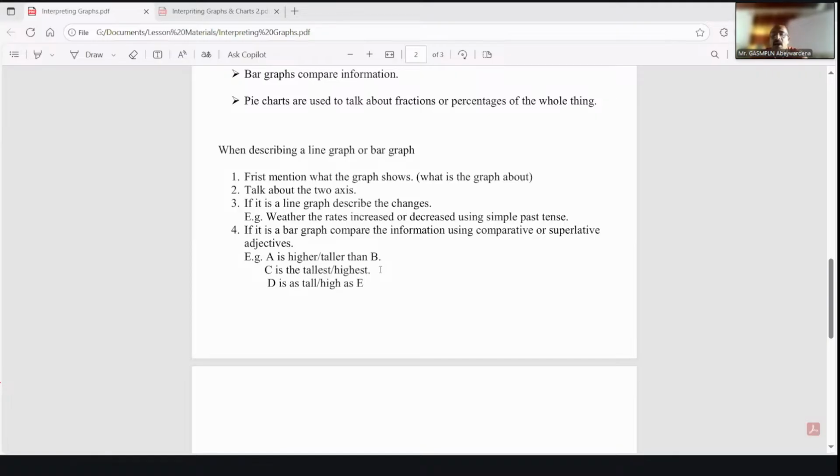How do we differentiate between higher and taller? When to use higher, when to use taller? Both of them refer to height. Both tall and high refer to height. But when to use high, when to use tall?